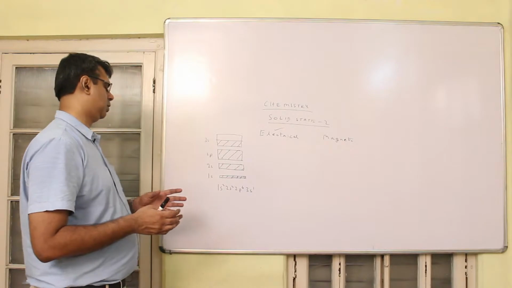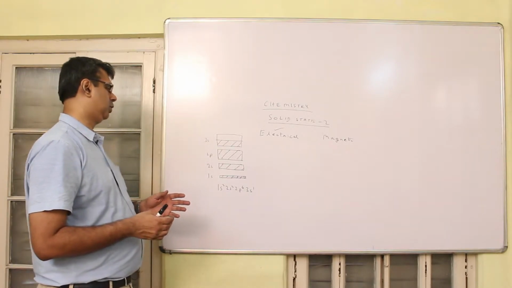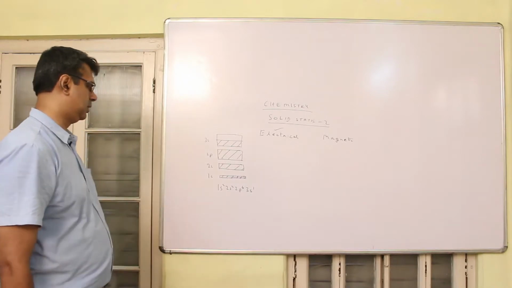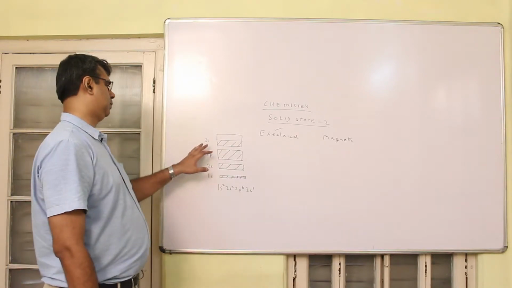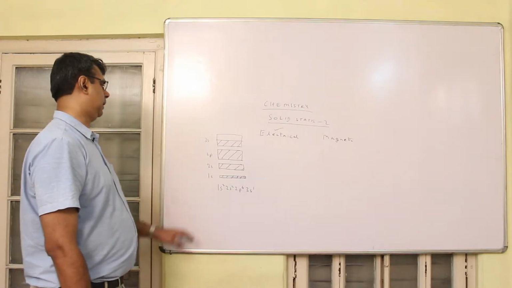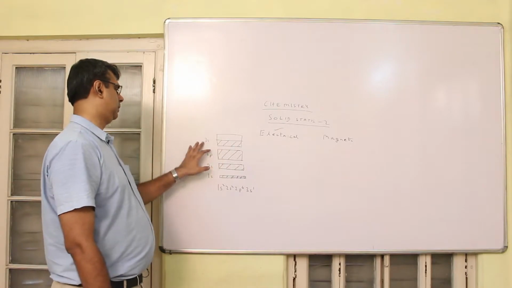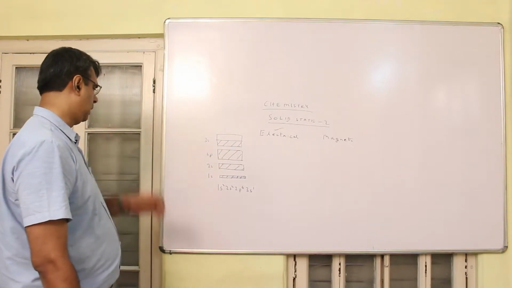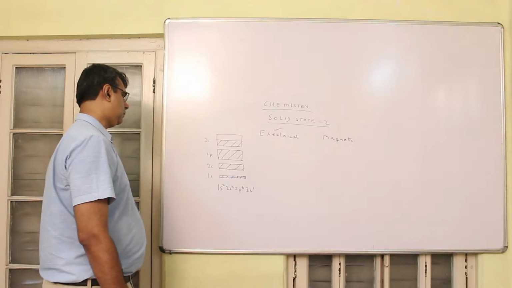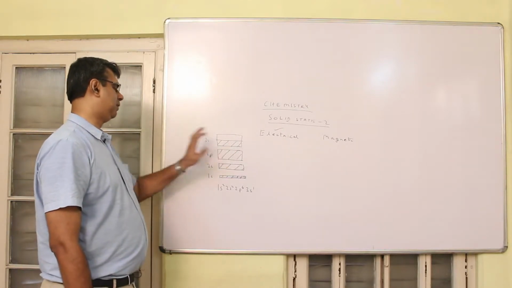So each orbital has a range of energy rather than discrete energy. That is because the sodium atoms are at close proximity to each other and therefore they influence each other's energy levels. Now suppose this is the energy band of the 3s orbital. You will notice that I have half shaded it.